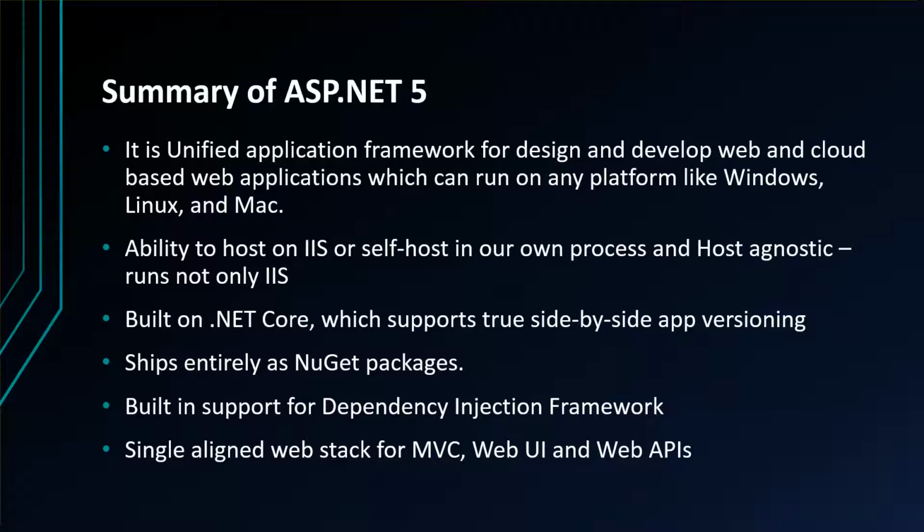We can host in regular Windows IIS, or we can host in our own process or Kestrel as well. It has built-in support for .NET Core, support for side-by-side execution, ships entirely as NuGet packages, and has built-in support for dependency injection. They unified MVC, Web API, and MVC UI like Web Pages into a single ASP.NET MVC 6 framework.